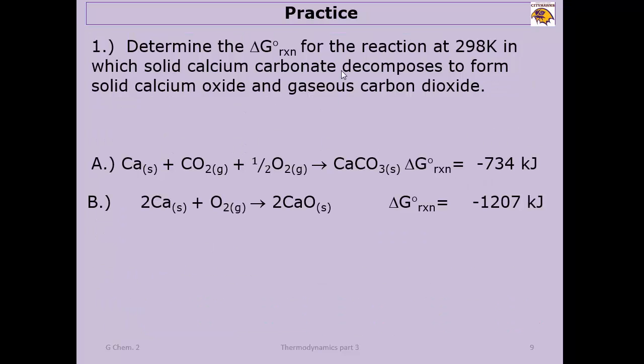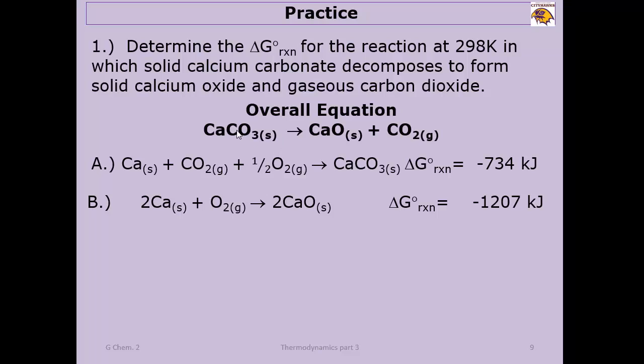First off, let's just turn this narrative into a reaction. We've got calcium carbonate. It's decomposing, so that yields calcium oxide, +2, -2, so it's 1 to 1, and carbon dioxide in the gaseous form. Now what we need to do is reorder these equations such that they equal this overall equation.